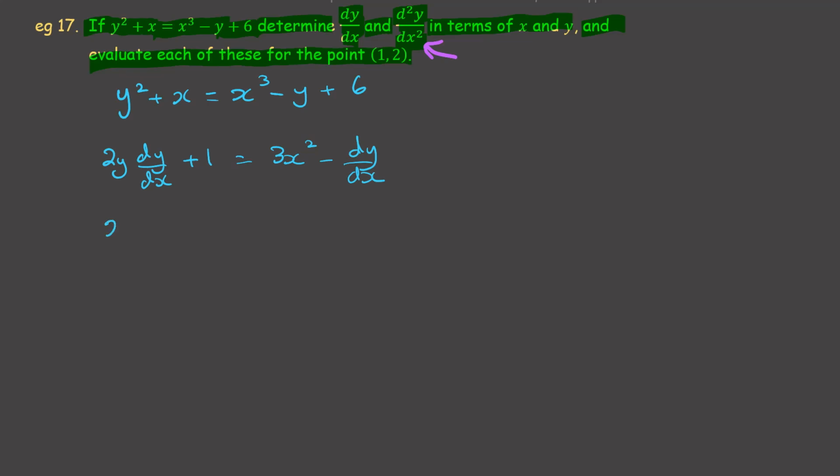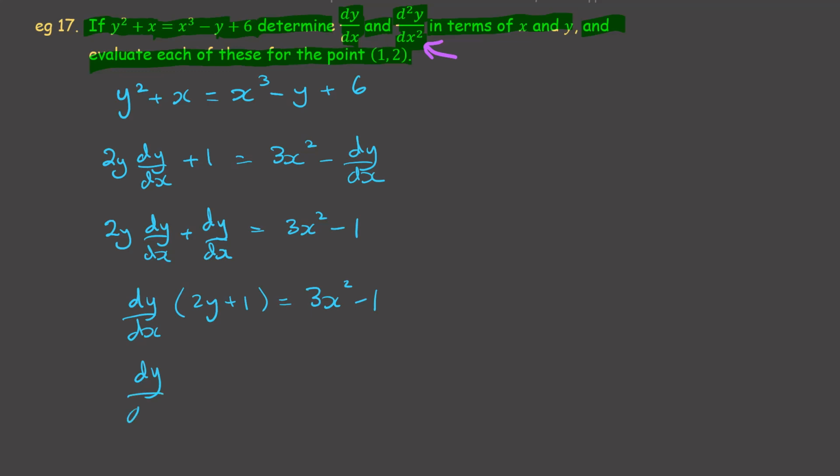So let's get all the dy/dx's to one side. So 2y dy/dx plus dy/dx would be equal to 3x squared take away 1. Take out a dy/dx: dy/dx times (2y plus 1) is equal to 3x squared take 1.